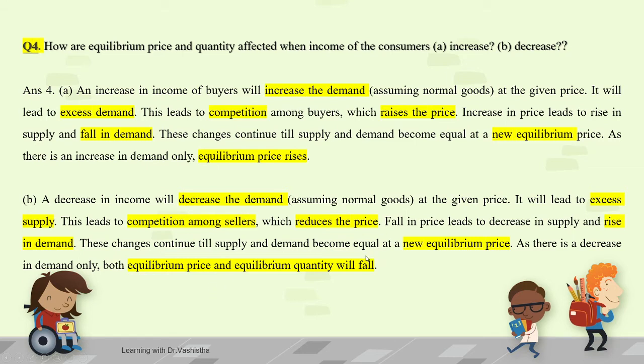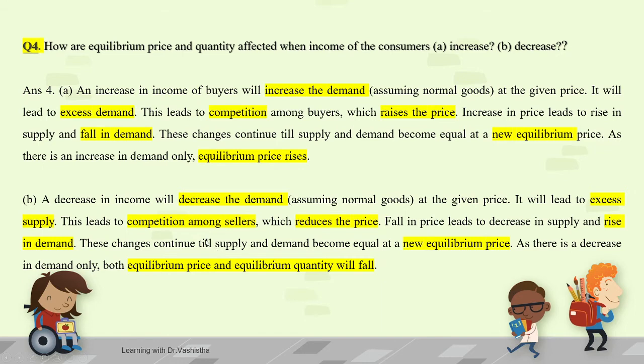Now the fall in price will lead to a decrease in supply and a rise in demand, because supply has gone below now because of the fall in prices. The producer has not been able to afford more supply, so supply has gone down, so the demand will go up. These changes continue again till supply and demand become equal at a new equilibrium price.